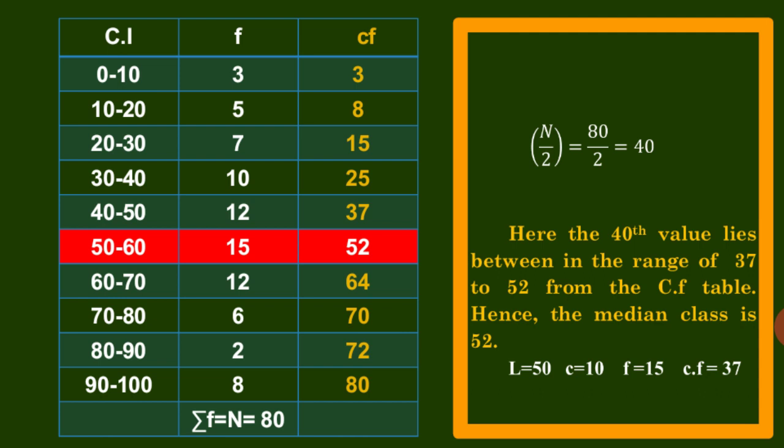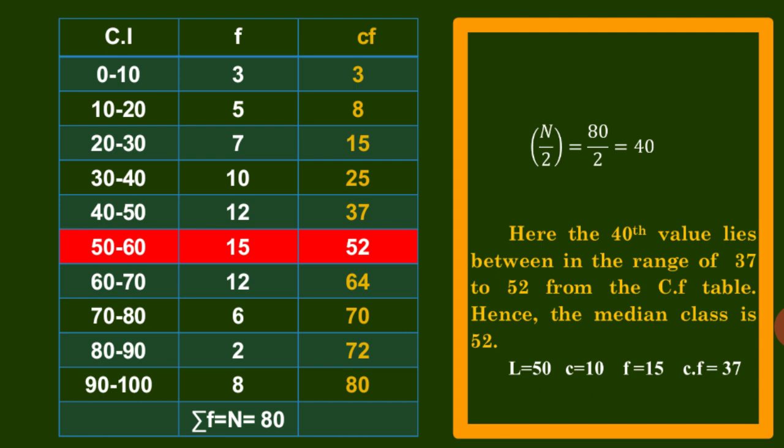The first value of frequency is 3. Just take the same value 3 in the first row of the cumulative frequency column. That value is 3. Next, adding 5 from the frequency values, it gives 8. Now put 8 in the second row.